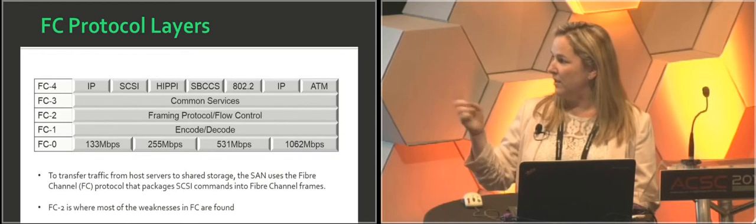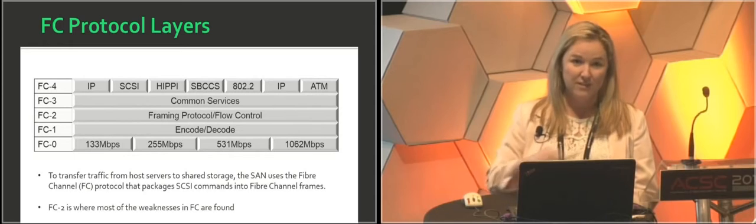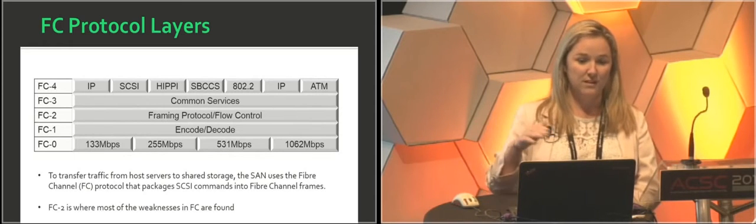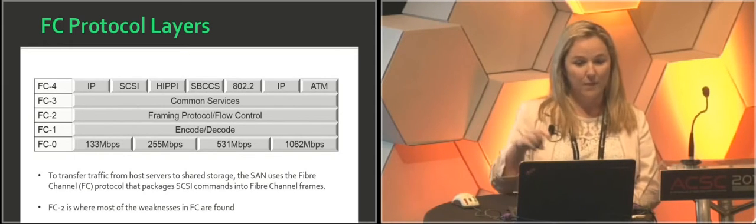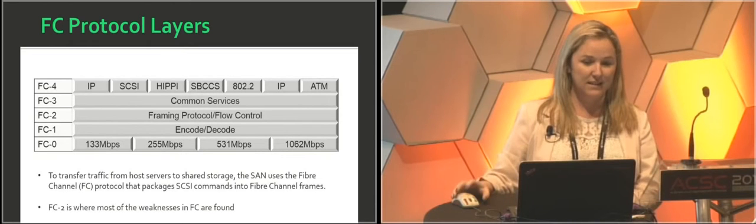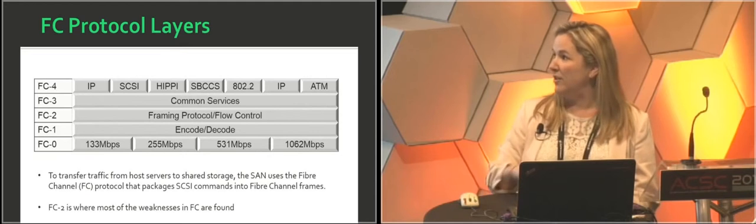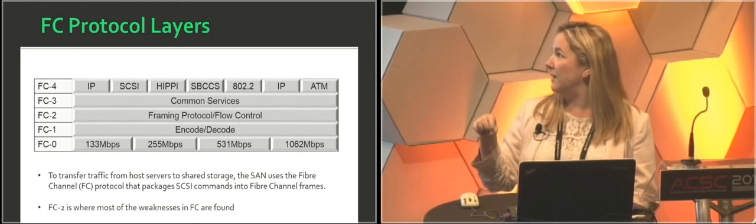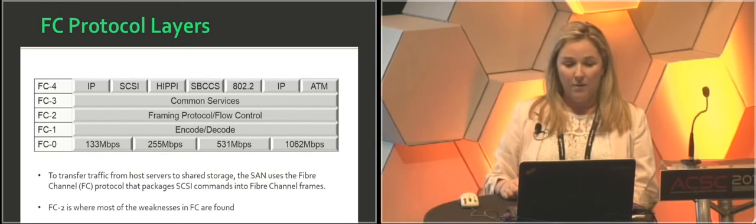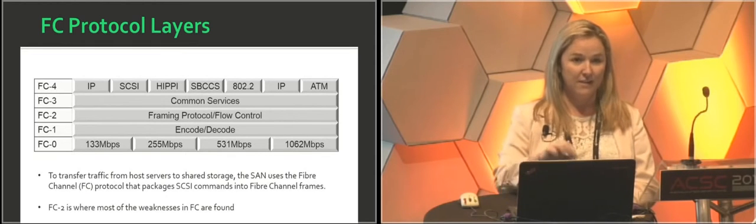Going a bit deeper, fibre channel is similar to other networking protocols in that there are several layers at which it works. Similarly to the OSI model, layer 0 is the physical layer, and right up to layer 4, which is where the actual data being encapsulated sits.